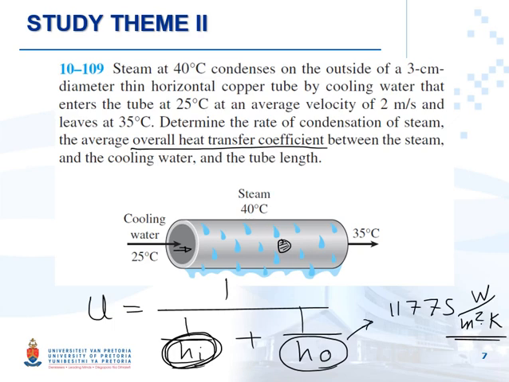Now, okay, average heat transfer coefficient, internal flow. You are completely familiar with this concept. First, you calculate the Reynolds. From the Reynolds, you find the right correlation for Nusselt number. You calculate the Nusselt number, and after that, based on the Nusselt number, you find H. Okay, so let's do it.